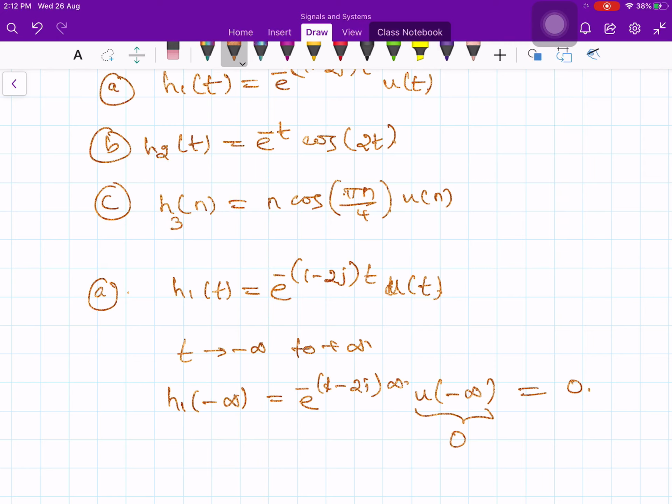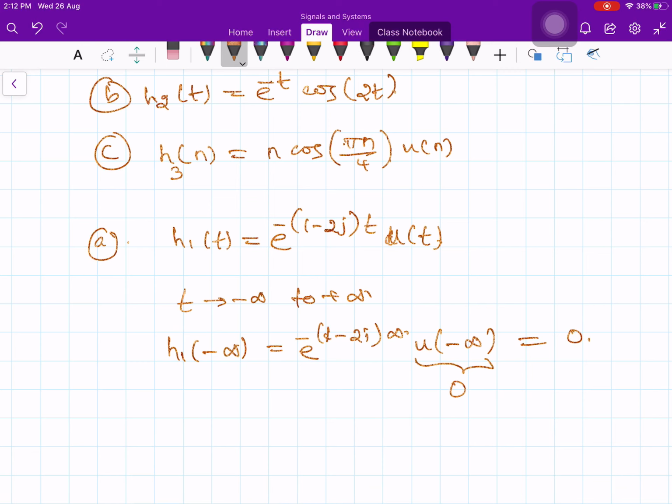And now substitute t is equal to infinity, then h1 of plus infinity is e to the minus of (1 minus 2j) times infinity, u of infinity. What is u of infinity? It is equal to 1. Now infinity times minus e to the minus infinity is becoming 0.